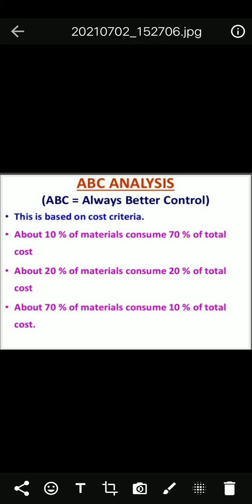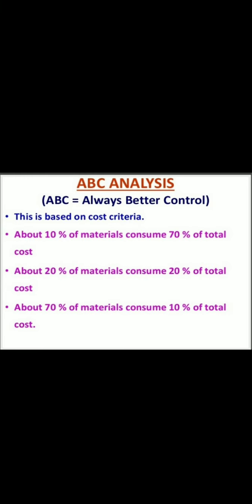Next, ABC analysis. This is always better control, based on cost criteria. About 10% of materials consume 70% of total cost. About 20% of materials consume 20% of total cost. About 70% of materials consume 10% of total cost.